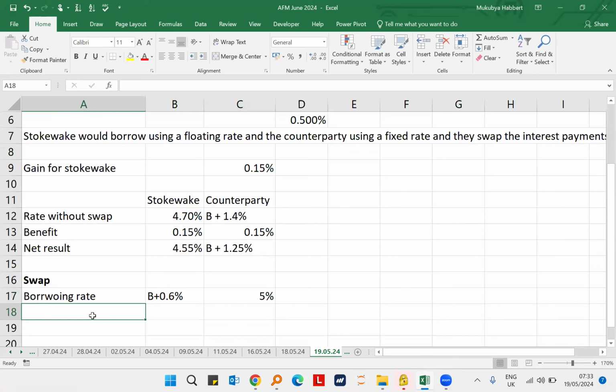Then after we swap, remember this is what we do, right? So this is what we borrow, but then when it comes to payment, we change and we use the other.